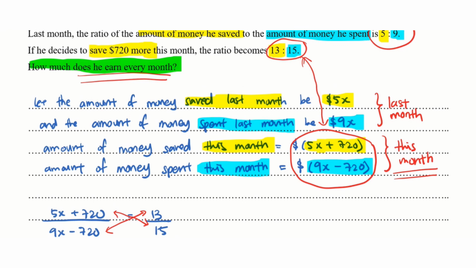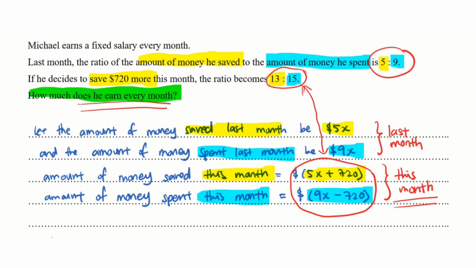The amount he earns every month would be the amount that he saves plus the amount that he spends in 1 month. So we can either use 5x plus 9x, or 5x plus 720 plus 9x minus 720, either last month or this month.